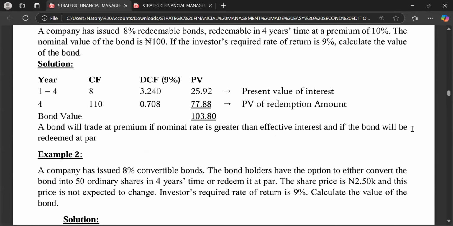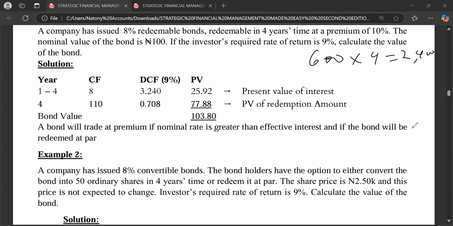So the value of a bond simply is the present value of the interest and the redemption value. That's the value of a bond. So if you lend a company money, and the company decides to give you interest of 600 annually for 4 years, so 600 times 4, that's 2,400.